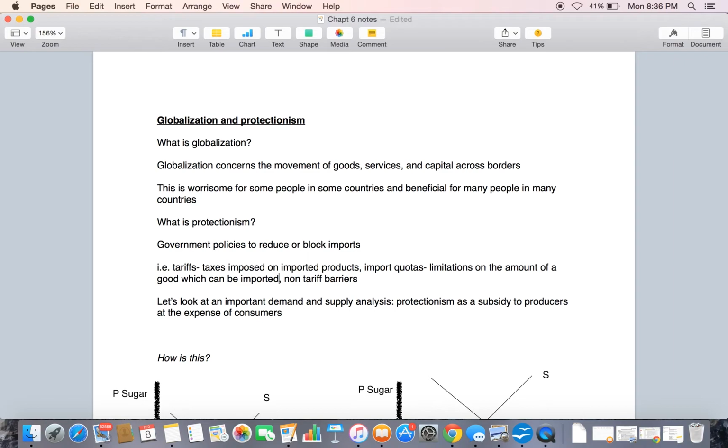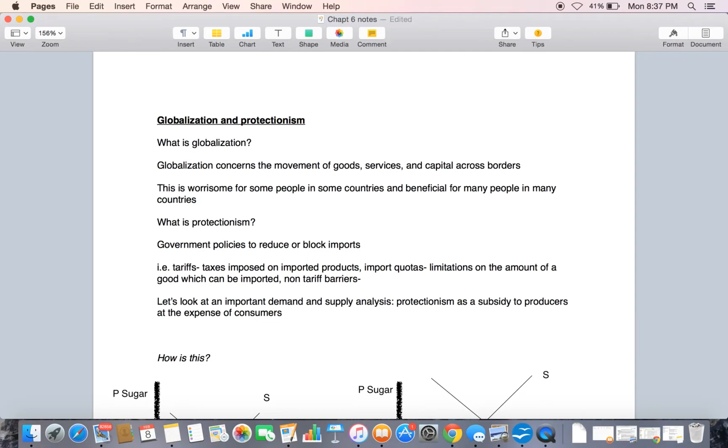Where import quotas limit the total amount, tariffs limit the amount that will be demanded, because the good comes in at a higher price to the consumer, and a higher price will reduce the demand.